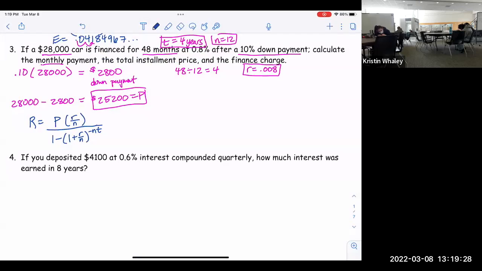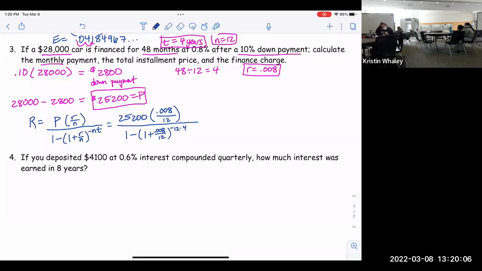Our capital R is going to stand for our payment amount. That's what we're trying to find. So I could just go ahead and substitute the values I have here: 25,200 in the place of P, 0.008 for little r, and this is monthly, so n is 12. Then 1 minus 1 plus 0.008 over 12 raised to the negative 12 times 4 power.